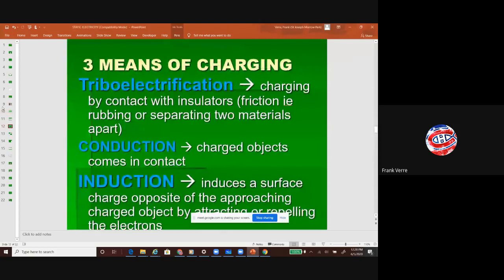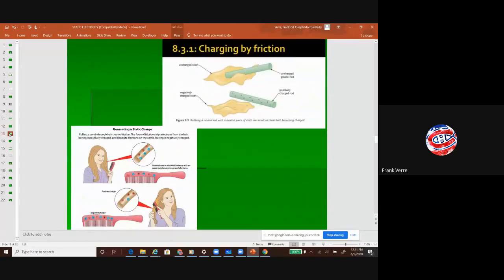All right. Now, we've been looking at one way to charge an object, which is through friction. There's a term for that, and it's called triboelectrification. What we've been looking at, taking the balloon and rubbing it against the sweater, or taking a comb through your hair, is triboelectrification, charging by friction.